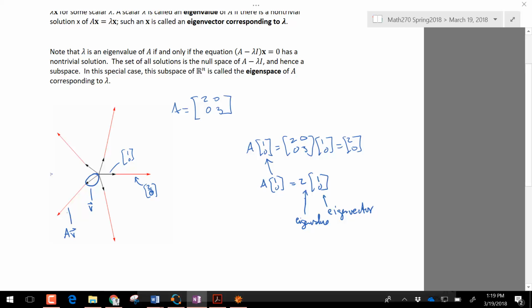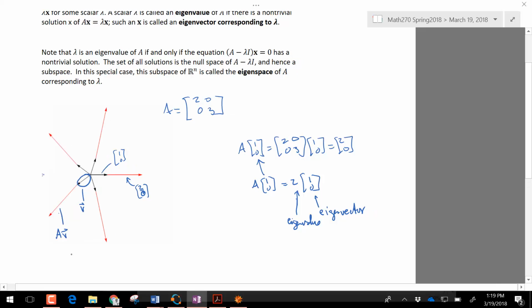If you take a look at it closely, you can see that it doesn't fall on the same line. It's not collinear, right? So Av in this case cannot be equal to any scaled version of the original vector v. And so you can say that this v is not an eigenvector.